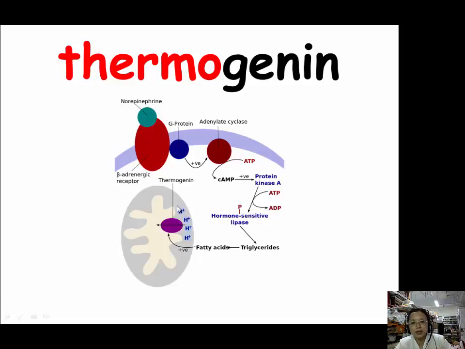Originally, the protons should go back to the mitochondrial matrix through ATP synthase, but when thermogenin exists, the protons go back through thermogenin without ATP production, and therefore the energy that is stored in the proton gradient all becomes heat. So thermogenin can produce a lot of heat. That's why it's called thermogenin.